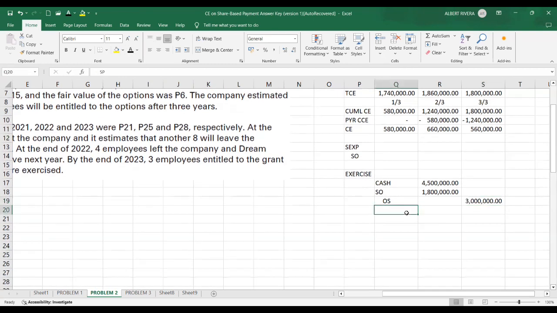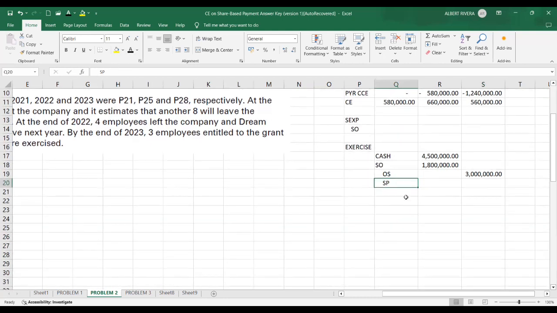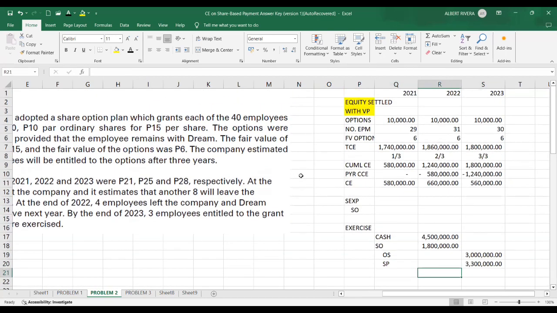And the excess would be credited to the share premium ordinary. So this is 4.5 million plus 1.8 million minus 3 million pesos, and that is the share premium of 3,300,000 pesos. Okay? So this is now your problem 2.